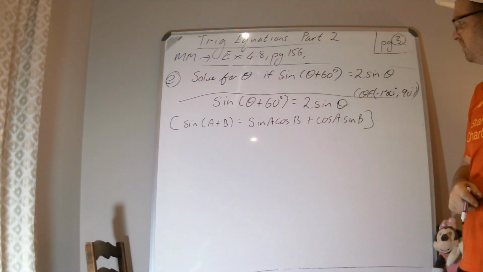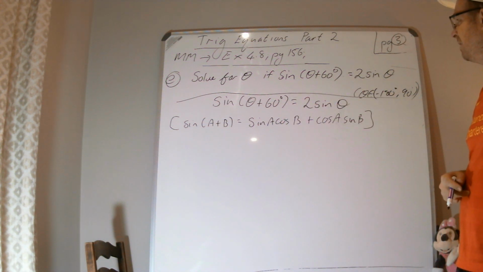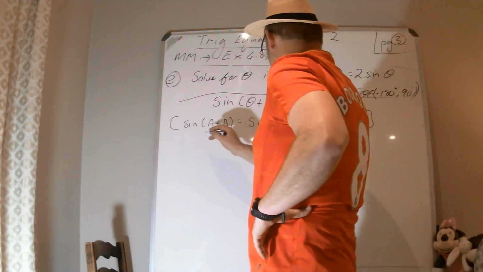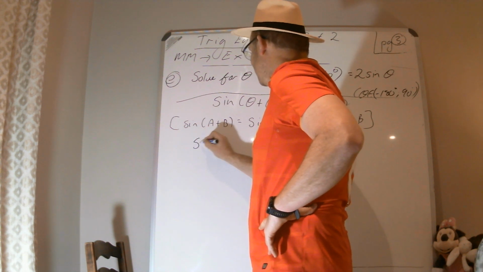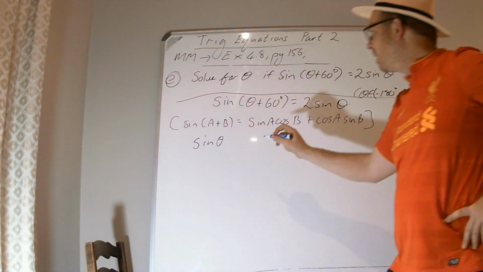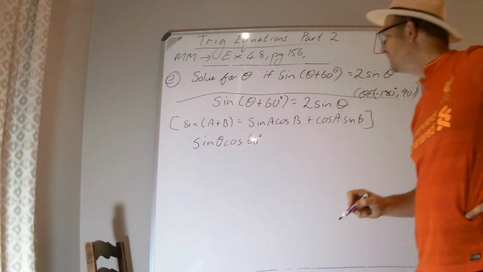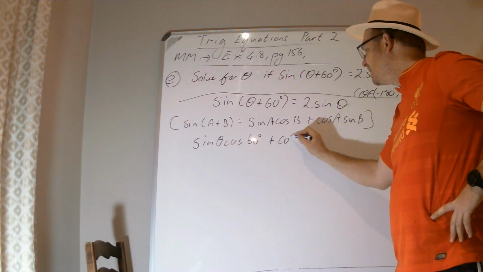So if you use that, Genya, what is sine of theta plus 60 going to be? Genya is also a fine name, by the way. Sine of theta plus 60 is going to become sine theta cos of 60 degrees, sine A cos B, plus cos theta.